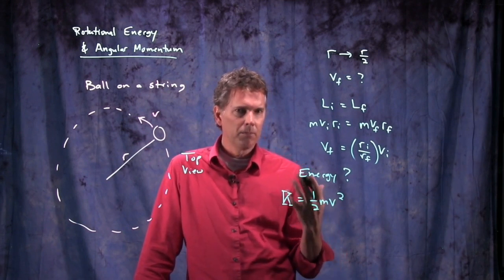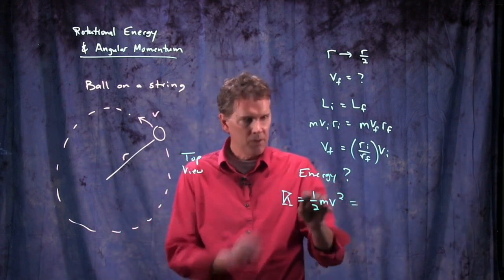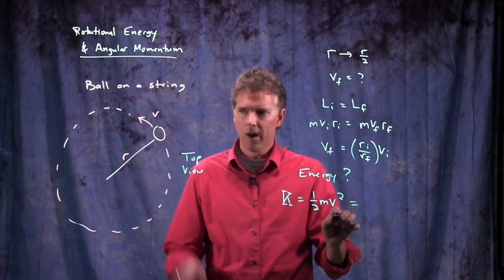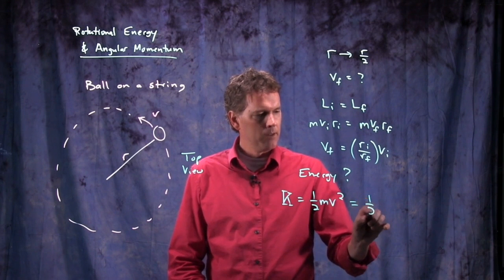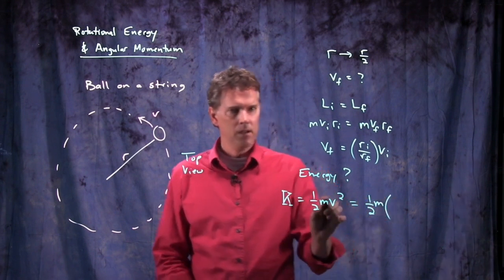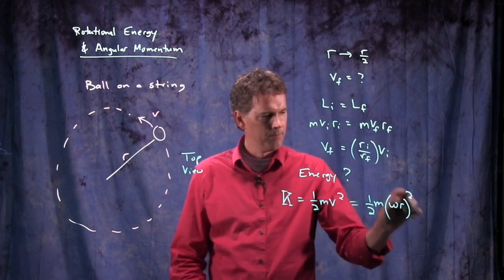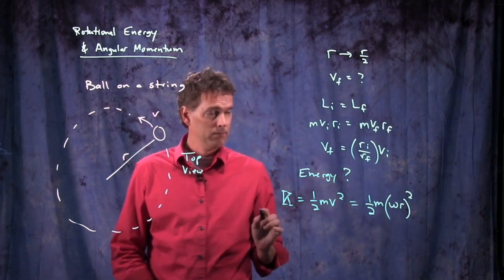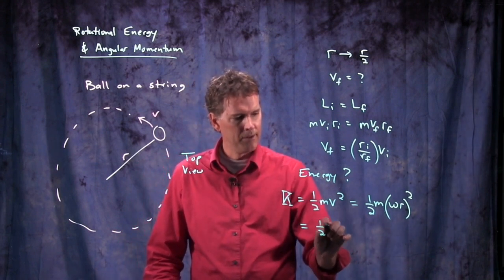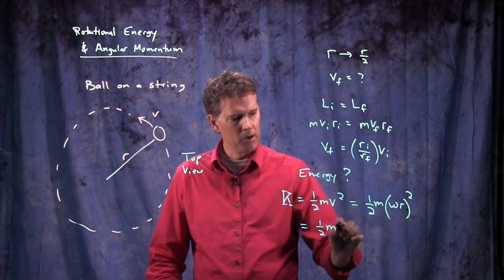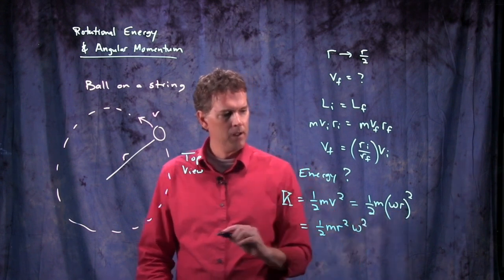How does this play into rotational energy? 1/2 mv squared is certainly the kinetic energy of the particle. But we can rewrite this because v is equal to omega times r, right? And look, we've got 1/2 m. I'm going to pull the r squared out. And then I have an omega squared left over.